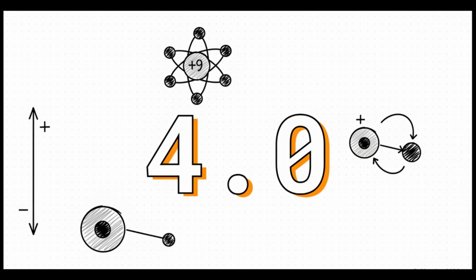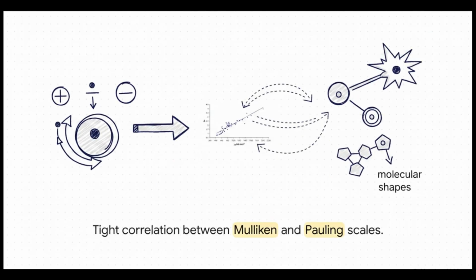They set the top of the scale at an anchored value of 4.0 for fluorine. It's just a really clean, memorable anchor point for the top of the scale. Francium, way down at the bottom, sits around 0.7. And the gap, the mathematical difference, between the numbers of any two bonded atoms tells you exactly how polar that specific bond is going to be. And this brilliantly illustrates why we can actually trust these numbers.